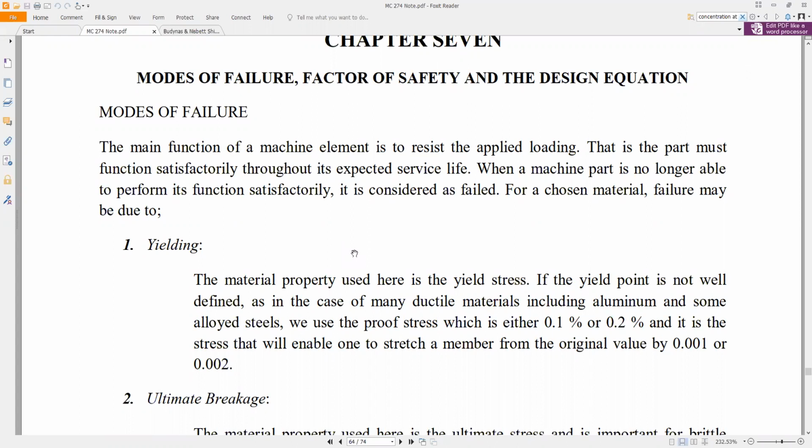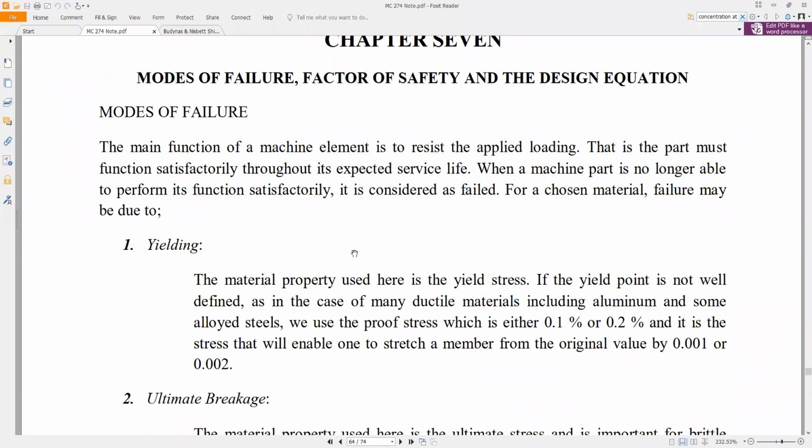So in design, what we do is to ensure that we have the appropriate sizing of the various machine elements, and then based on the material that the element is made of, when that element is used, it will not fail. Any load that is applied on it, it is able to withstand.